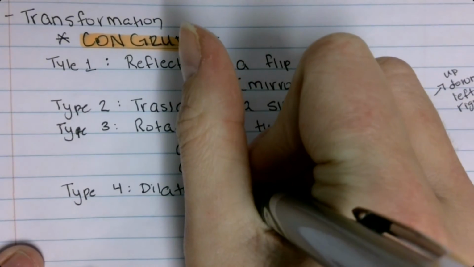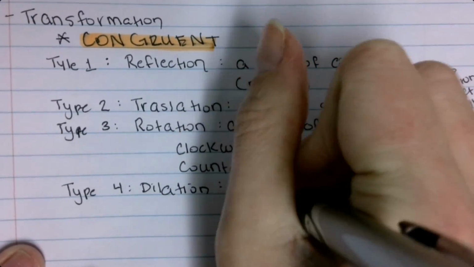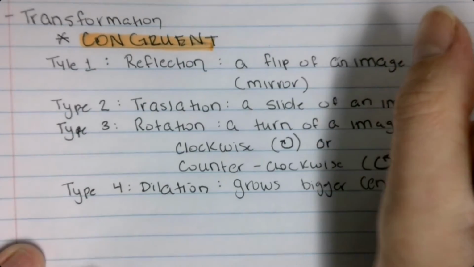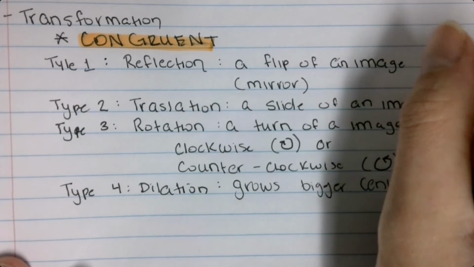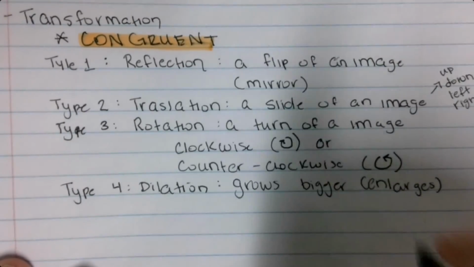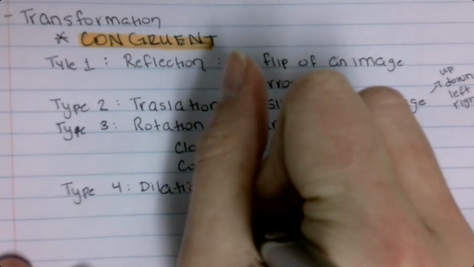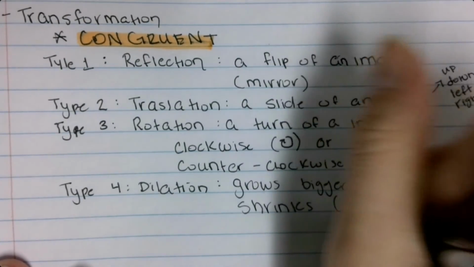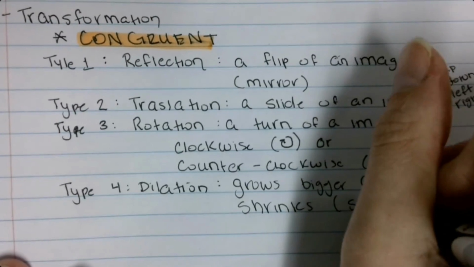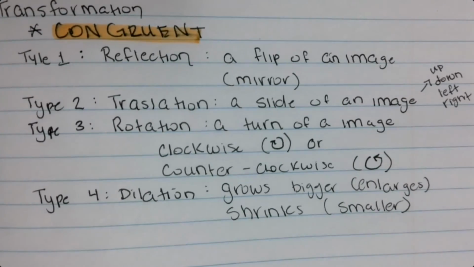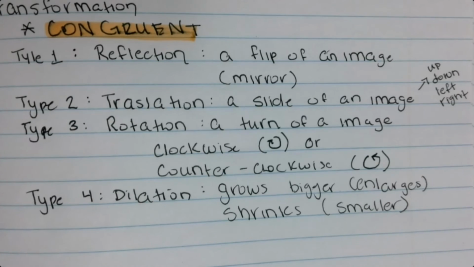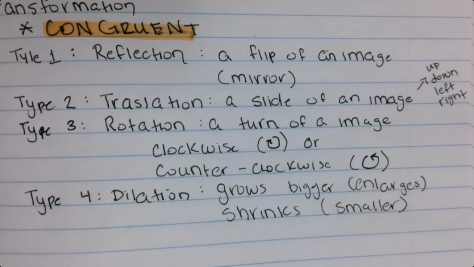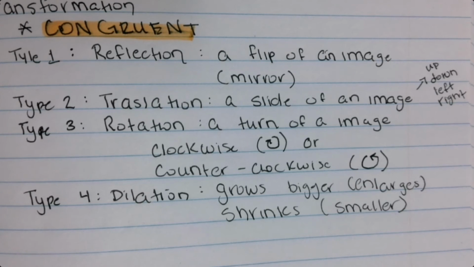So what happens is the shape either grows bigger, enlarges, or it shrinks, which means it gets smaller. Okay? So think it gets bigger, like dilating your eyes, or it gets smaller, like if you ever seen the movie Honey, I Shrunk the Kids.